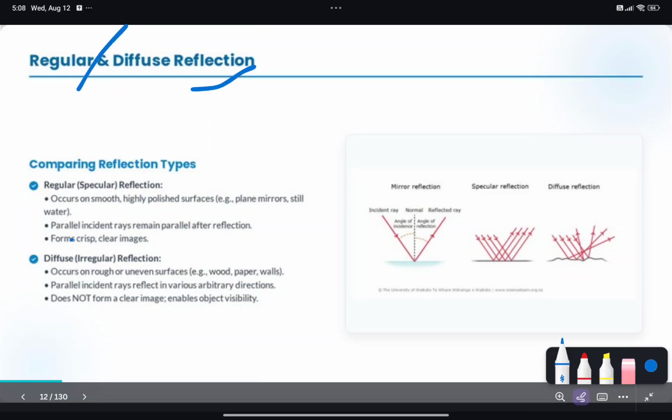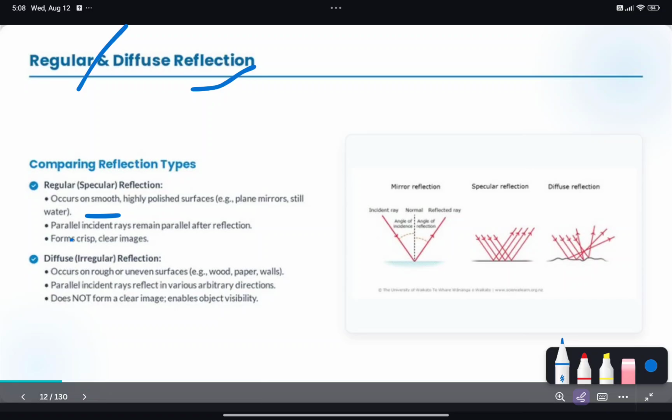Comparing the reflection types, the first one is regular reflection. We can sometimes call it specular also. It occurs on a smooth or highly polished surface.